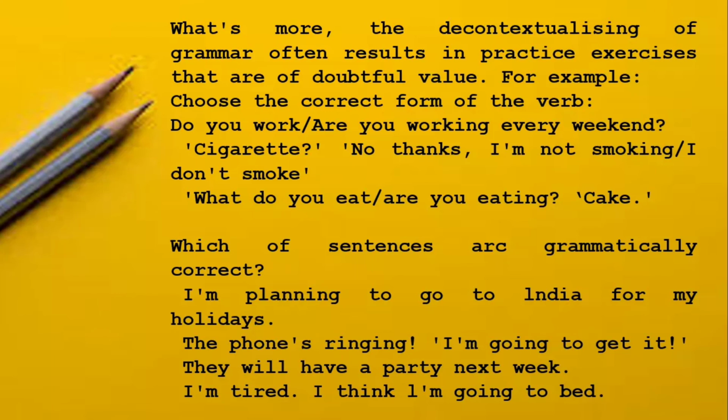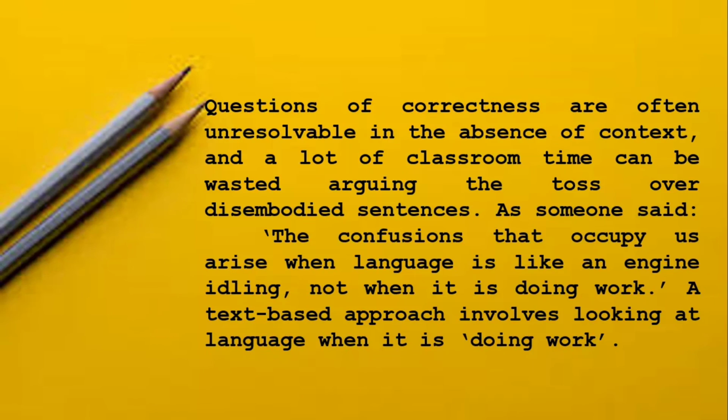But it is possible to imagine a context where, for example, "Cigarette? No thanks, I'm not smoking," is perfectly appropriate. So questions of correctness are often unresolvable in the absence of context, and a lot of classroom time can be wasted arguing the toss over disembodied sentences.